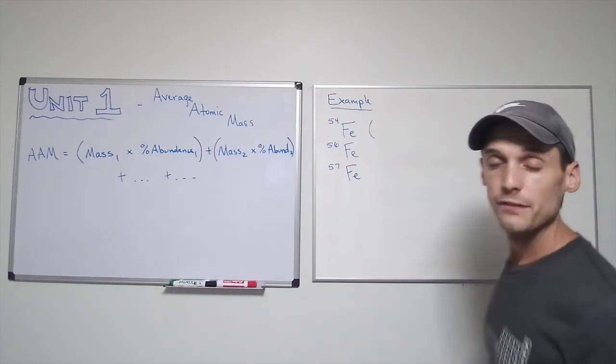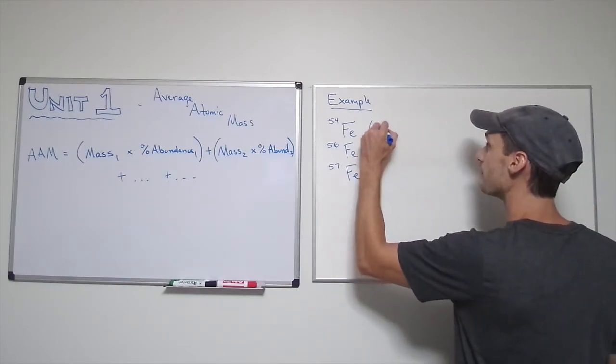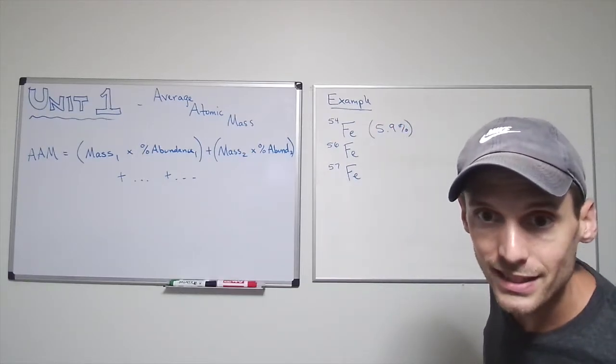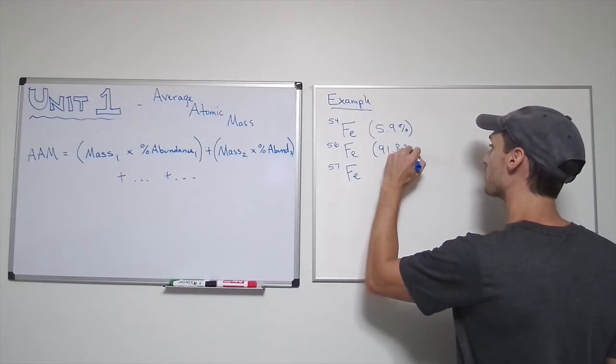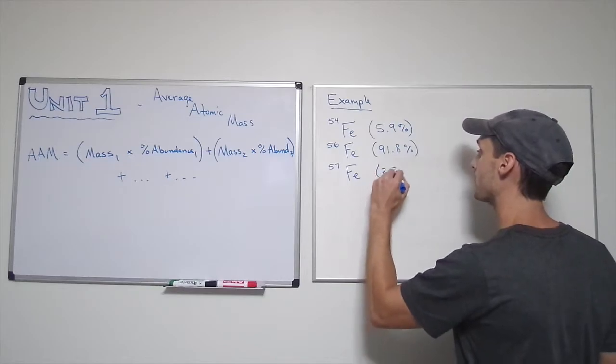So 54 has a percent abundance of 5.9%. 56 has 91.8%. And then 57 has 2.3%.